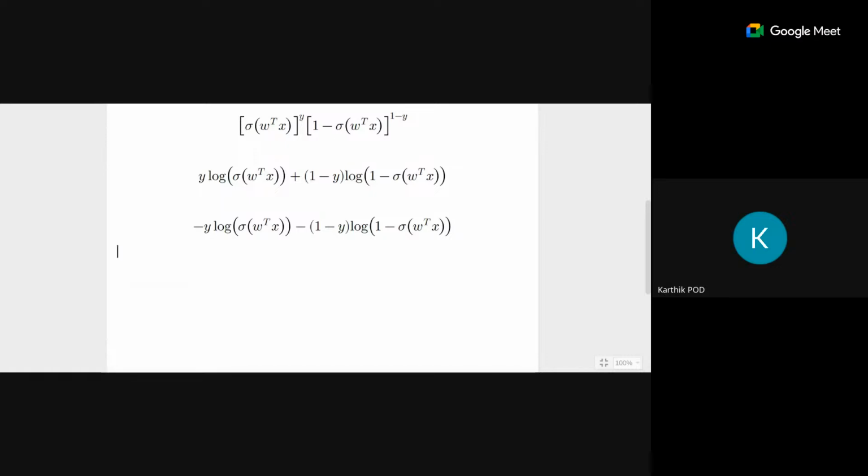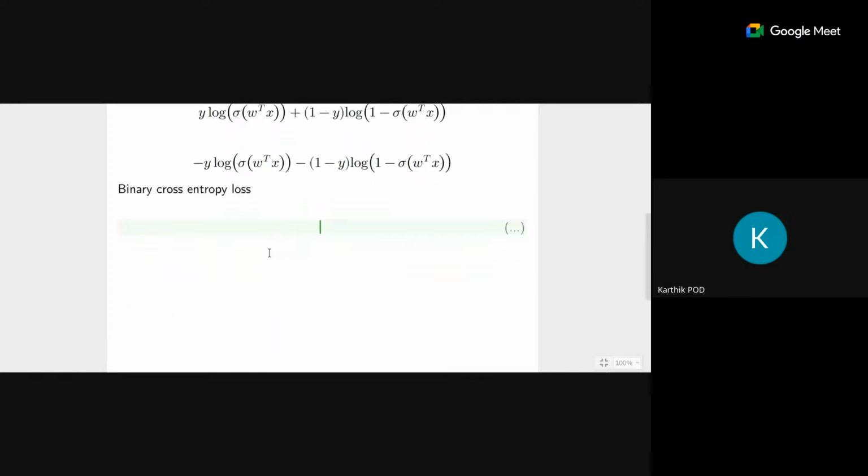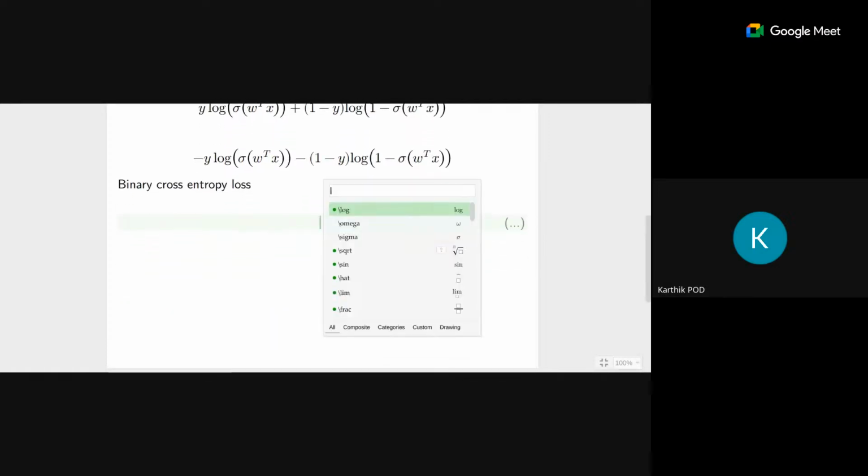So this is called the binary cross entropy loss. This cross entropy function takes the following form: minus y log y hat, minus 1 minus y log 1 minus y hat, where y hat is the probability associated with the prediction.